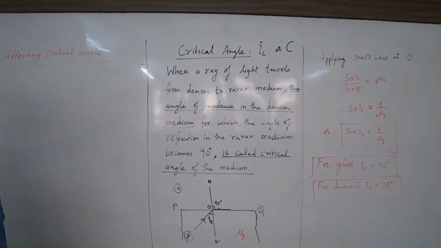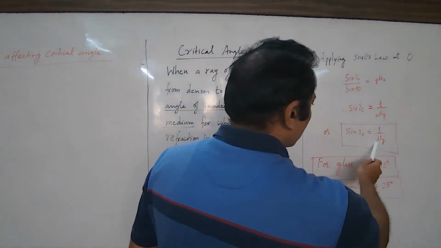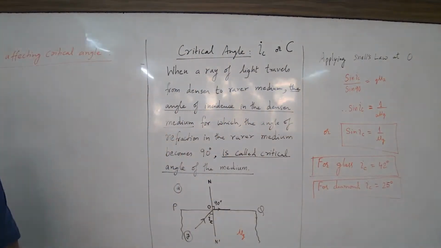So critical angle depends on the refractive index of the medium. So whatever will affect the refractive index, the same thing will affect critical angle. So what are the factors which affect refractive index? Optical density. Yes.